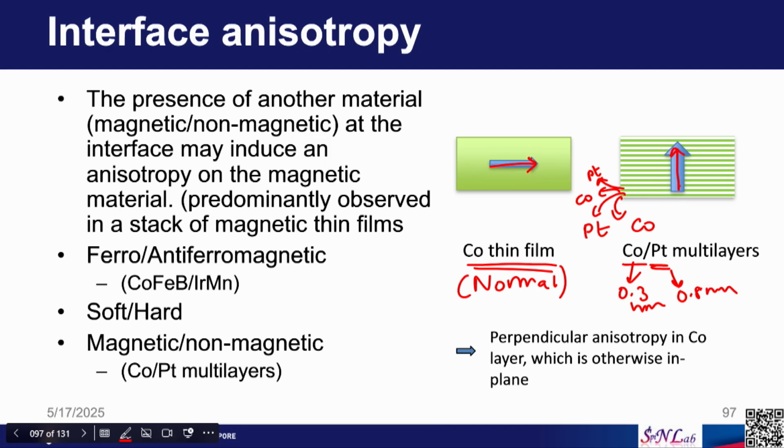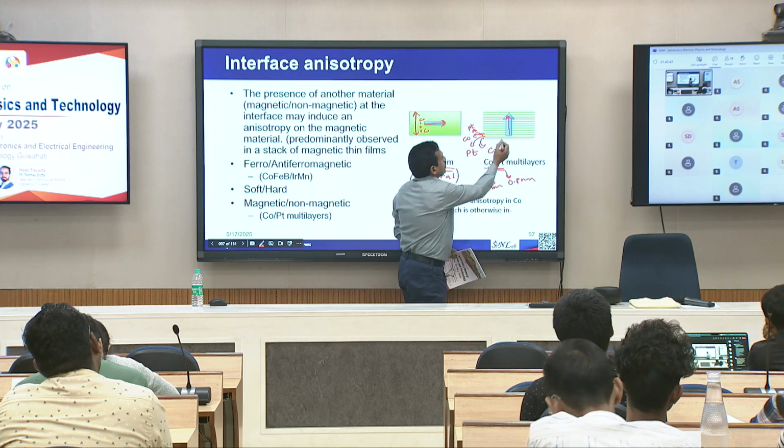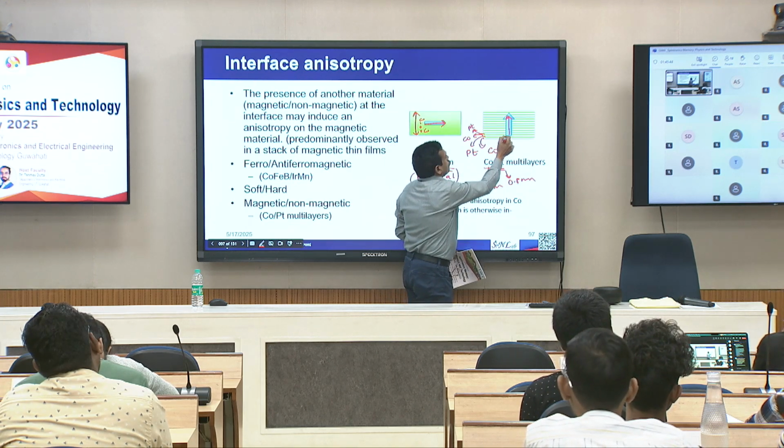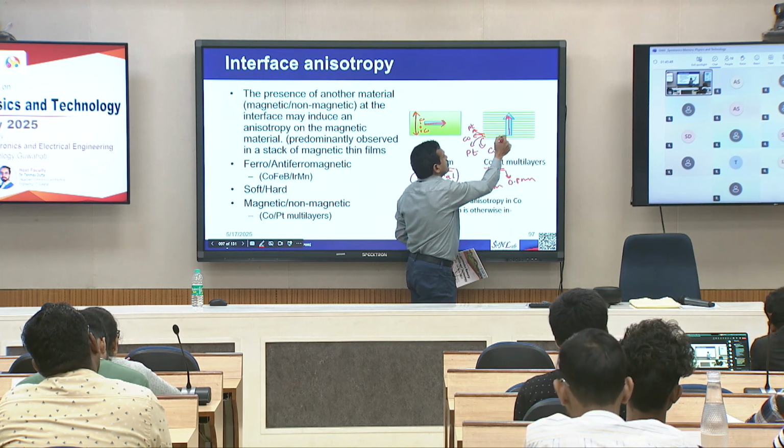So, here you have lots of interfaces of cobalt and platinum. Here your cobalt is cobalt throughout. The cobalt atom here, its neighbor also is cobalt, bottom neighbor, top neighbor, all are cobalt in this particular case, whereas in this case a cobalt here will see platinum as the neighbor on the top surface and so on.